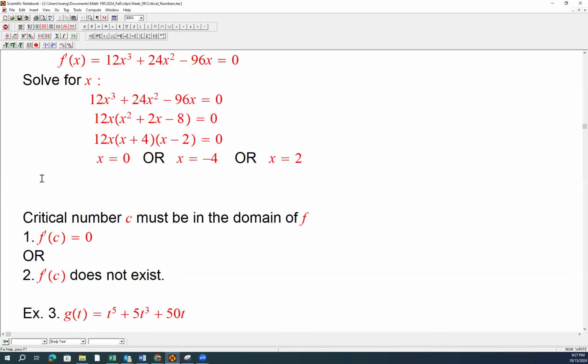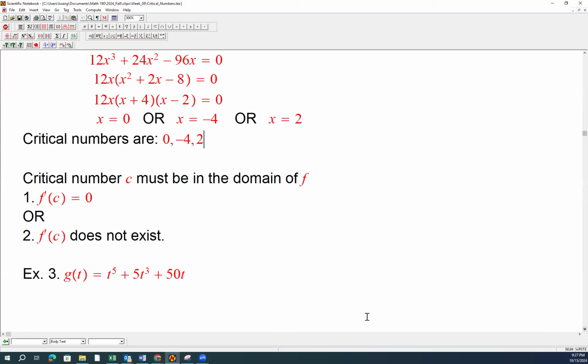So we have 3 critical numbers. The critical numbers are 0, -4, and 2. Done. Finished for the task.